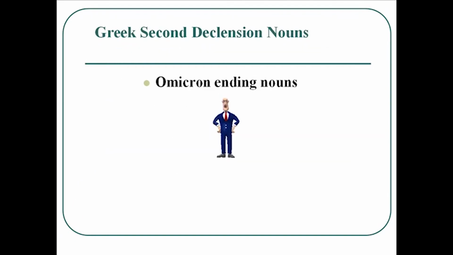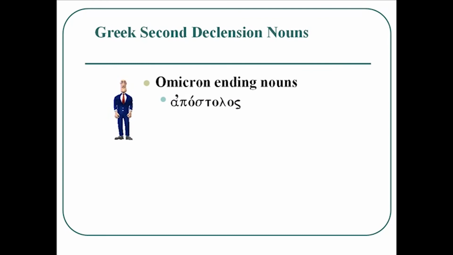Alright, now we're ready for the forms of the second declension nouns. These nouns end in an omicron. You get the omicron by sliding the final sigma off the ending, and you see that the omicron then is exposed.